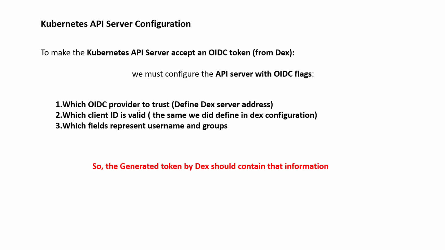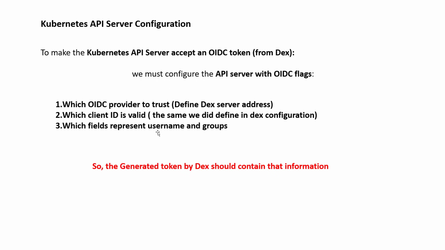We need to tell the API server, hey, this is the Dex server address. Also, we need to define which client ID is valid. If you remember from some minutes earlier, we defined this ID in the Dex configuration and also in oidc-login on the user's computer. So the token generated by Dex should contain that information.